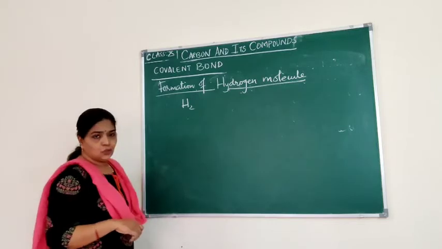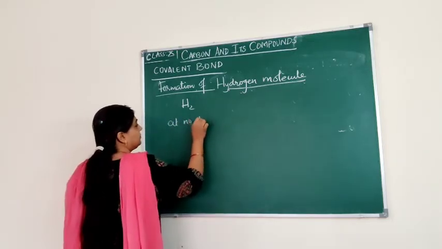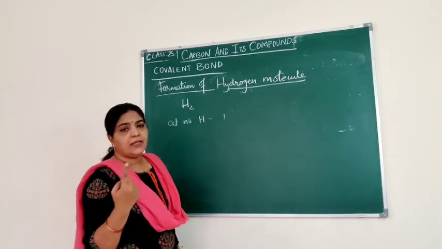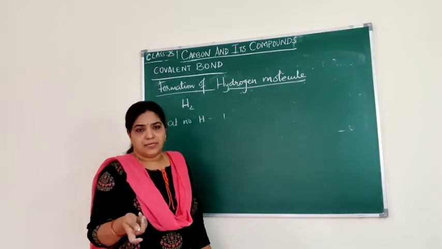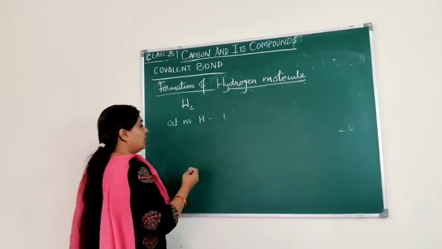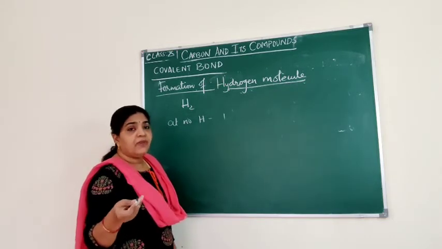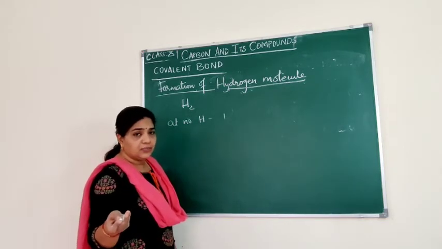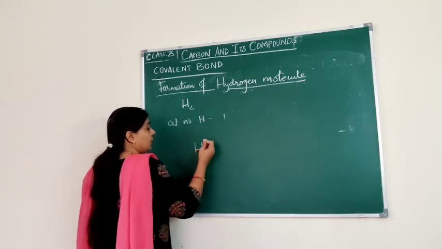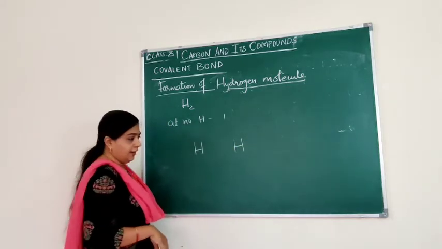Let us see the atomic number of hydrogen. It is 1. So it is not stable. If it gets 1 electron, it will become stable. It will get the helium configuration. So what will it do? It will combine with another hydrogen atom.